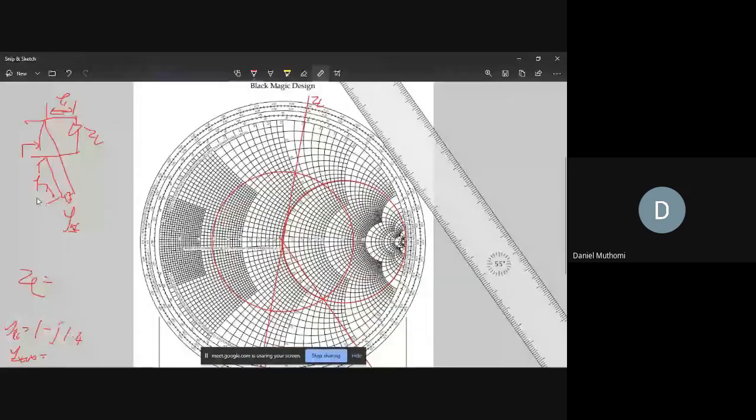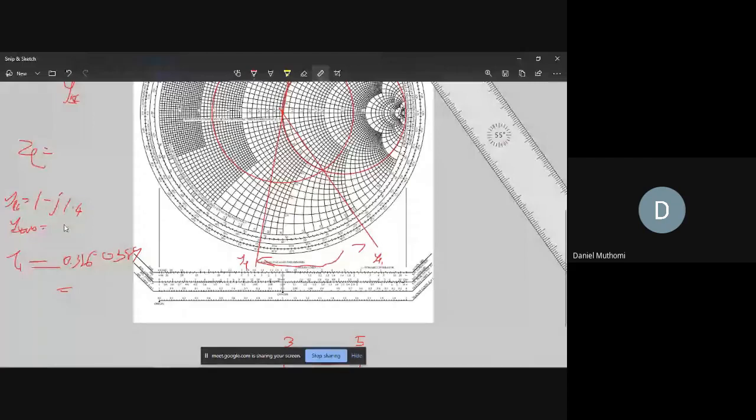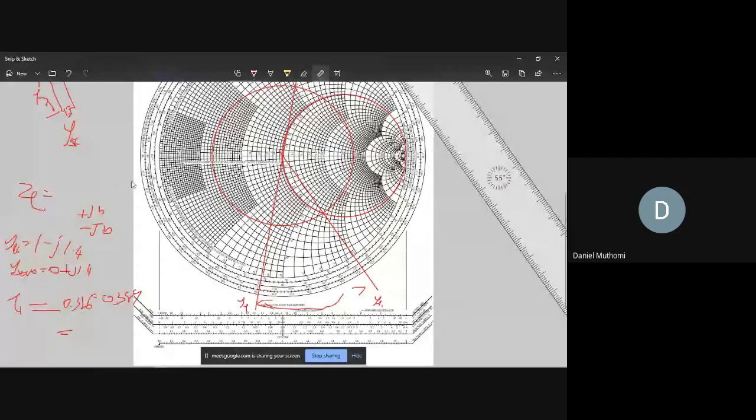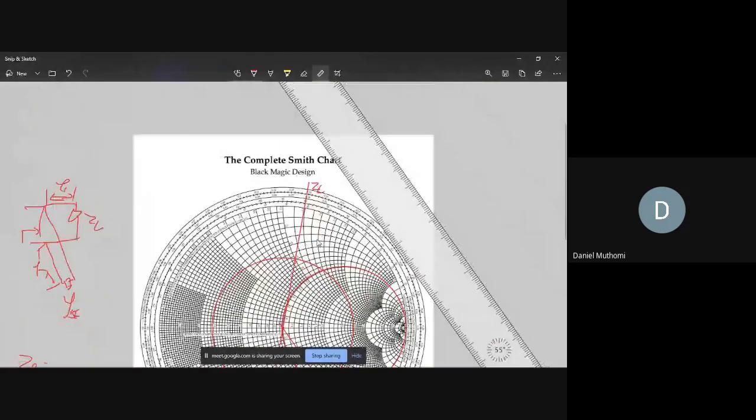Since we have a negative j1.4, our stub will be the positive value of that, and the resistive part is 0. If you have a plus jB, your stub susceptance will be negative jB. Ours was negative 1.4, so we're going to take positive 1.4, which is here.